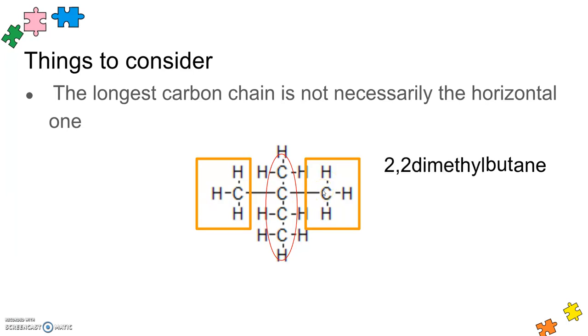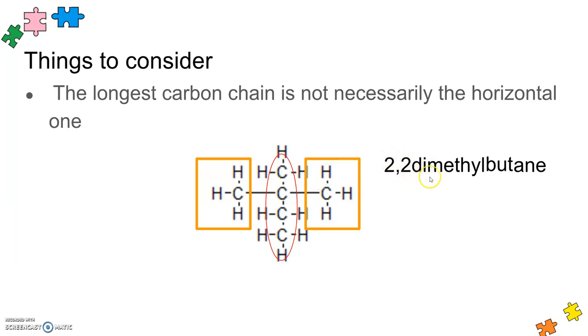In this case, both of them are situated on the same carbon. And remember, I must number my carbons in such a way that the side chains, if there's no functional group, are on the smallest possible number. In this case, both of them are on number 2, so I write number 2 twice.